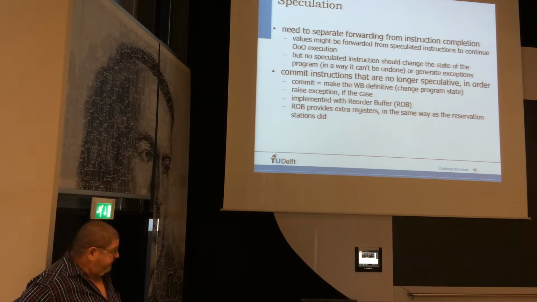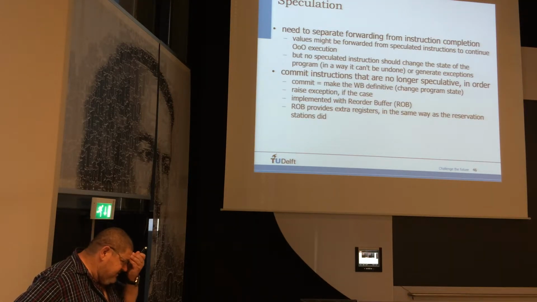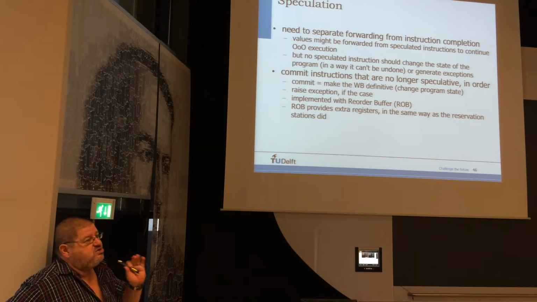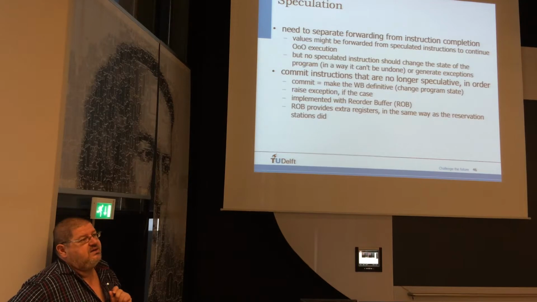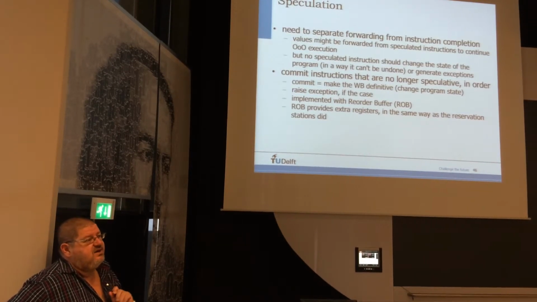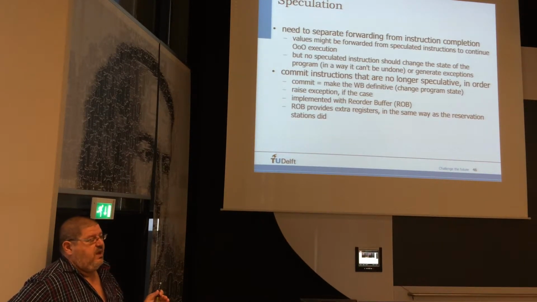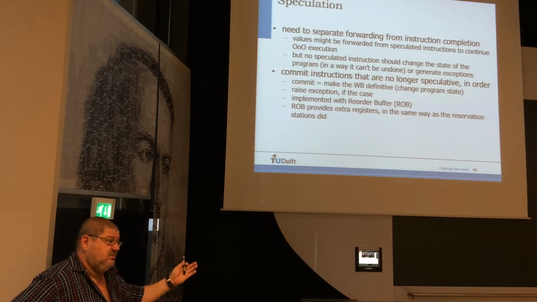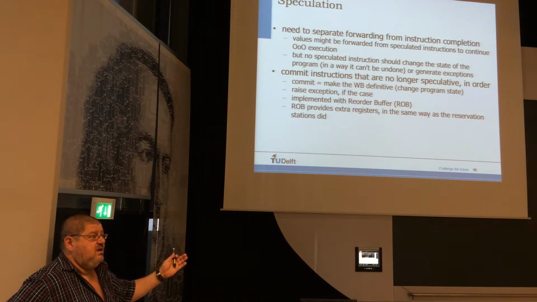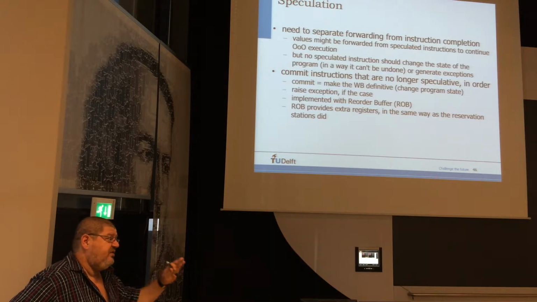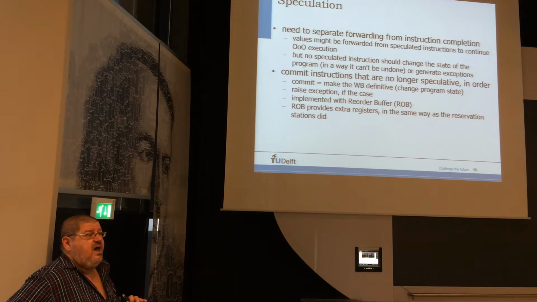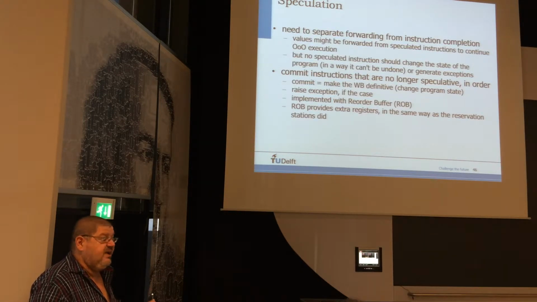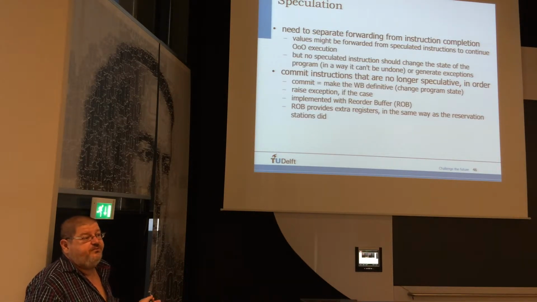Okay. Now, there is something on speculation which you have to be sure you are doing in a proper way. And this is the commit of the instruction. If you speculate and you execute instructions in a speculative mode, that's fine. You keep your functional units busy and you take advantage of the available hardware, and then you increase your performance.